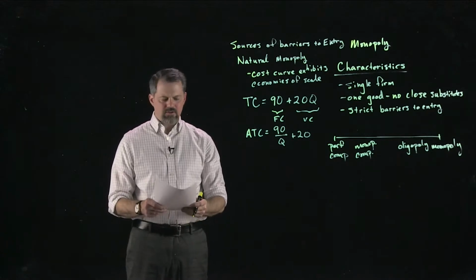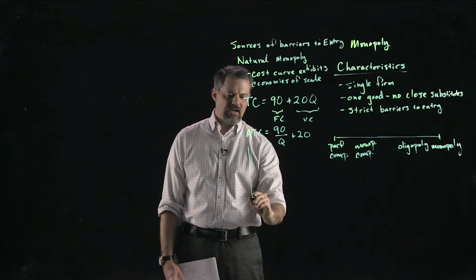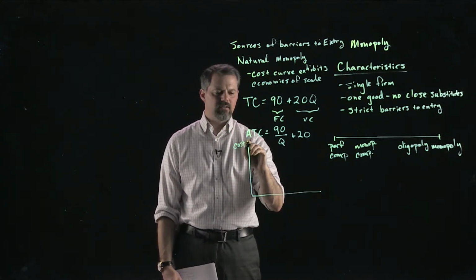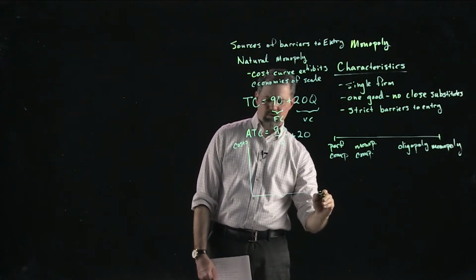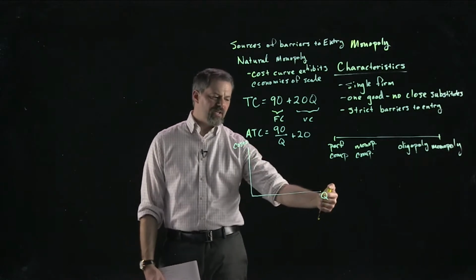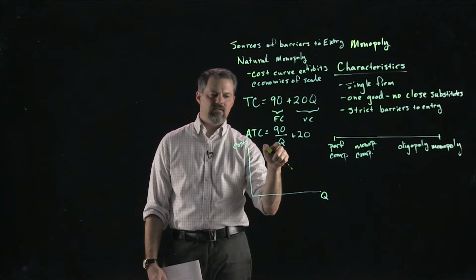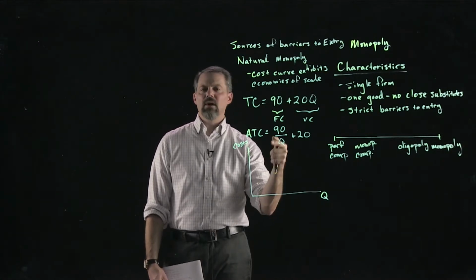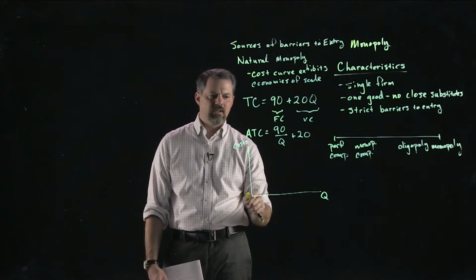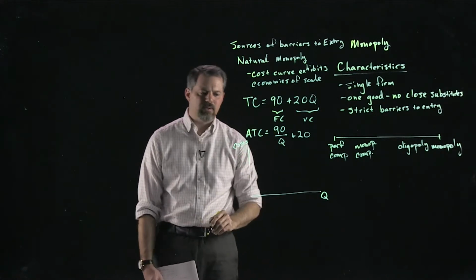Now, if I were to graph this average total cost curve, and we were to put costs up here, and quantity down here, then we can think about what would happen as quantity goes to 0. Now, I can't divide by 0 here, right? You can't ever divide by 0. But we can think about what happens to this fraction as the denominator goes to 0. As the denominator gets smaller and smaller, the total fraction gets bigger and bigger.